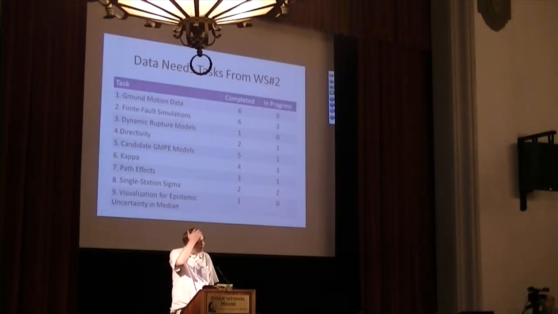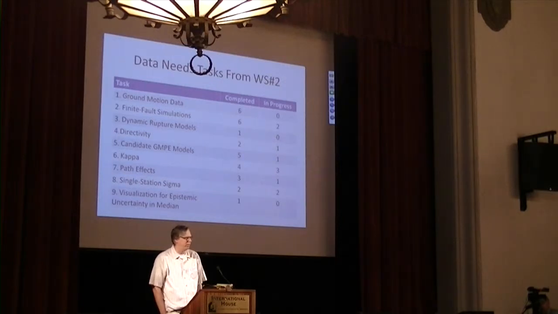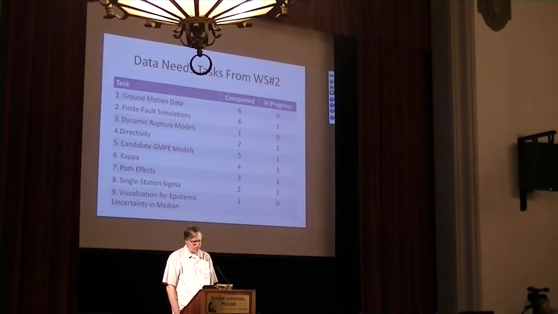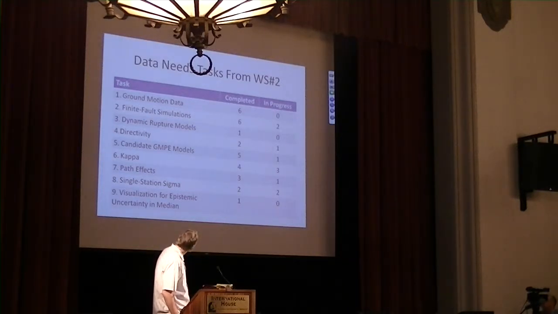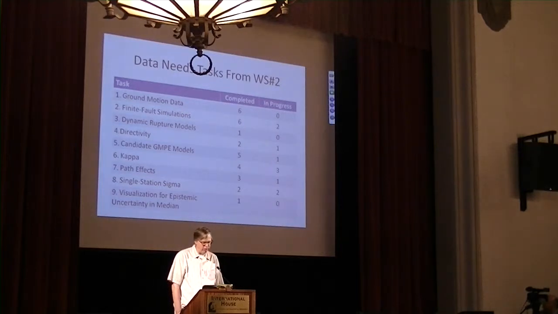I'm going to go through where we are on the data needs tasks that were identified either from workshop 2, were left over from workshop 1 that we hadn't completed, or were added during or following workshop 2. There are 9 basic categories here.